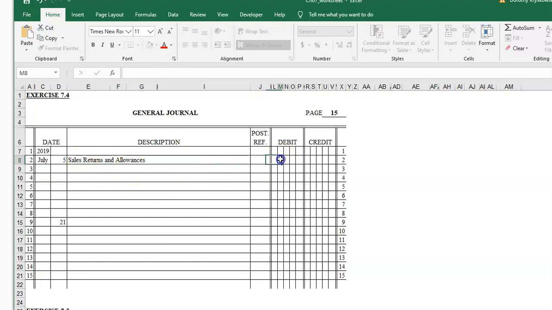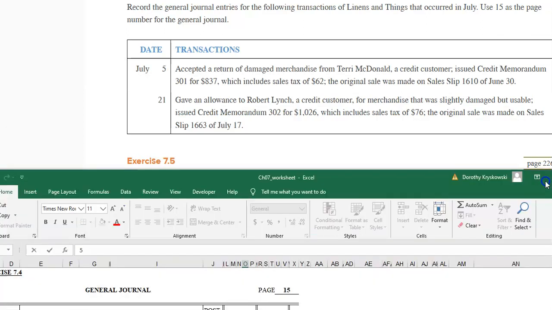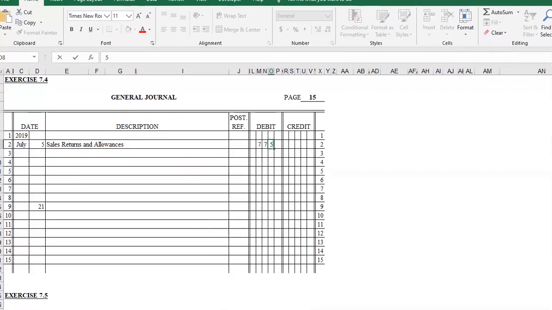Okay, they returned $775 worth of stuff. I'm pretty sure that's what it said. Let's check. I'll get you that number later. That's minus the tax. Okay. So, sales tax payable they did give us.